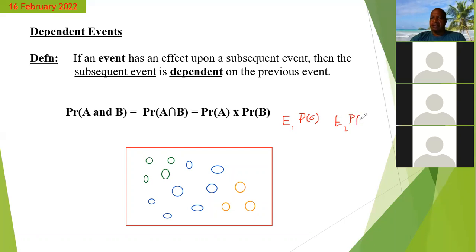All right. Now my question is, can event 1 affect the outcome of event 2? Yes, sir. Because you might want to draw blue and happen to draw green.